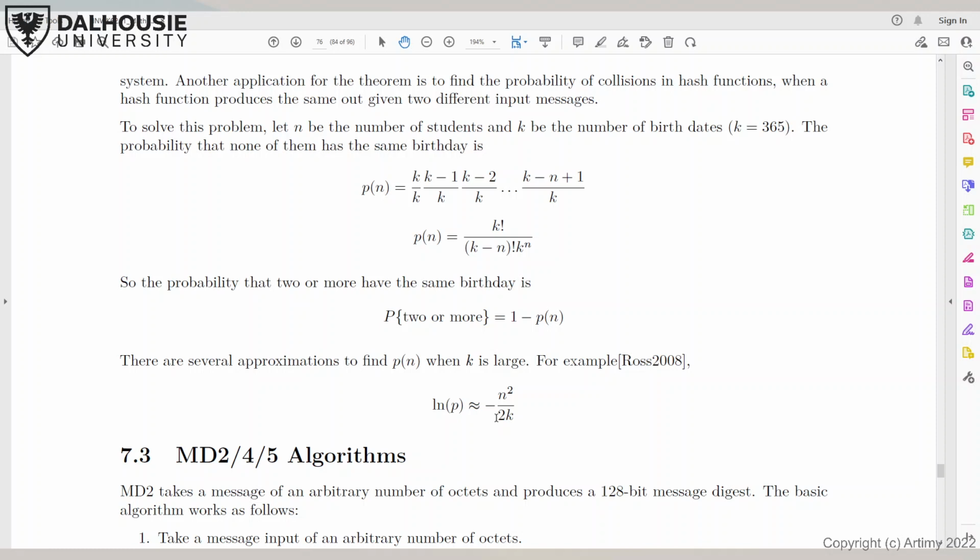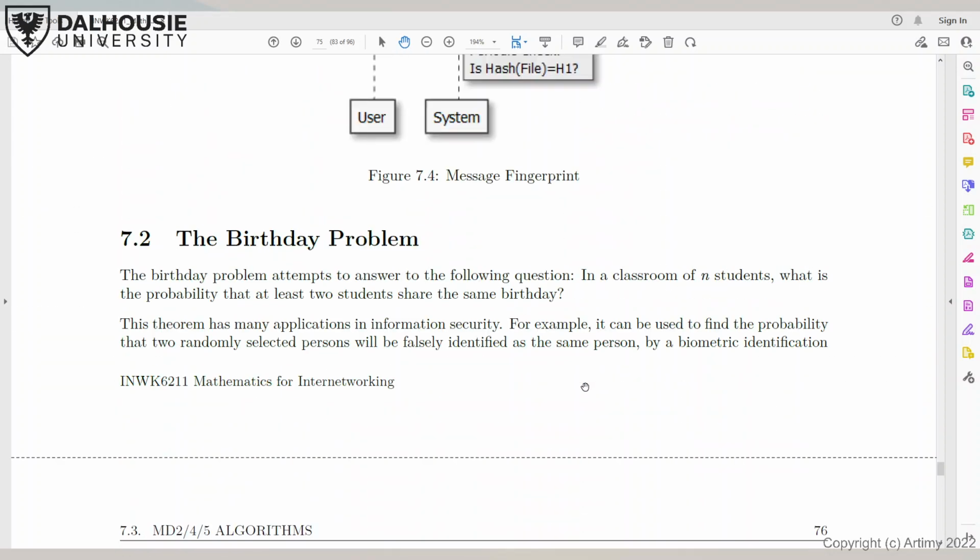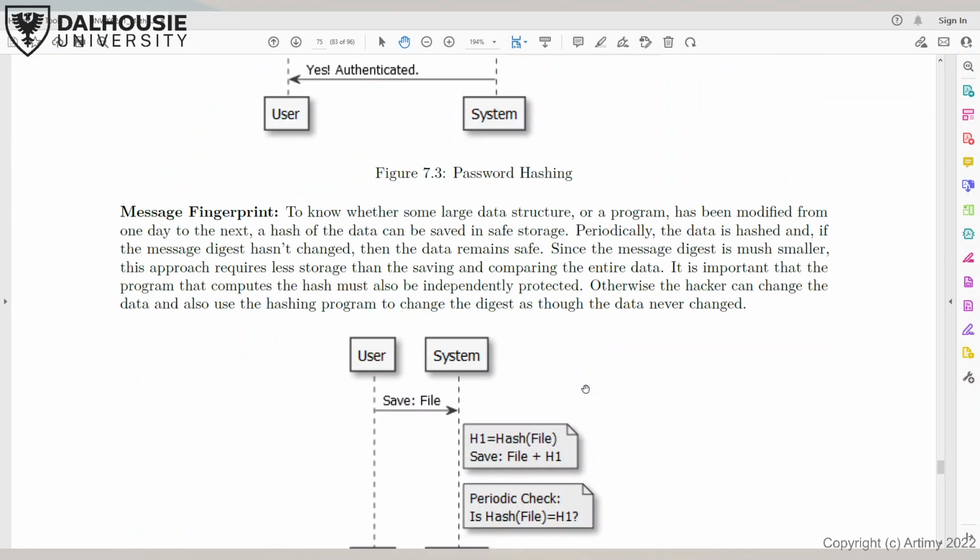And there are also other approximations that we will look at later when we talk about some of the tutorial questions.